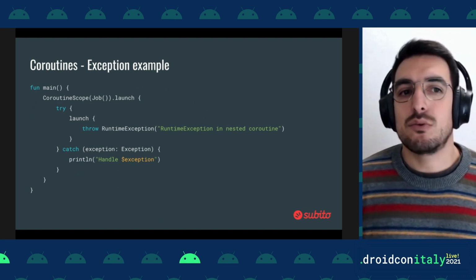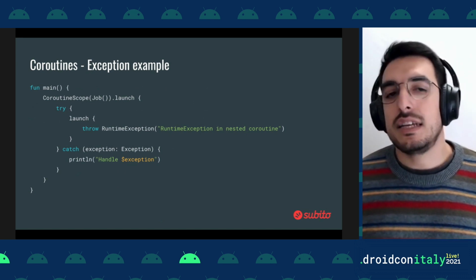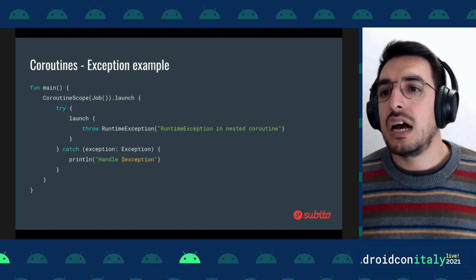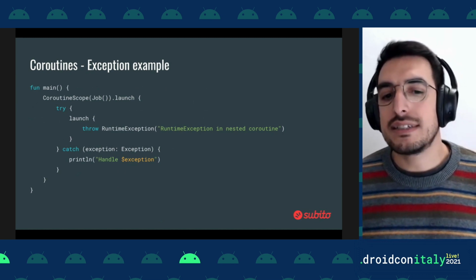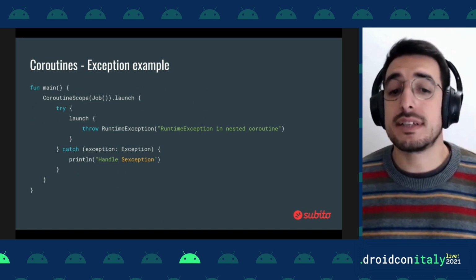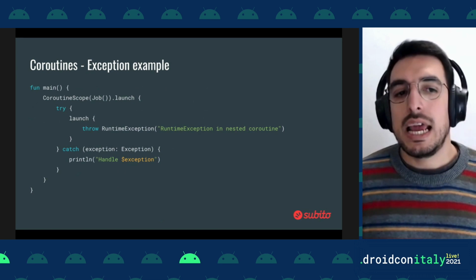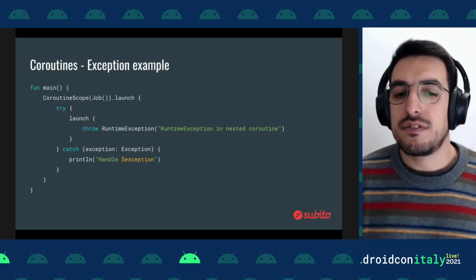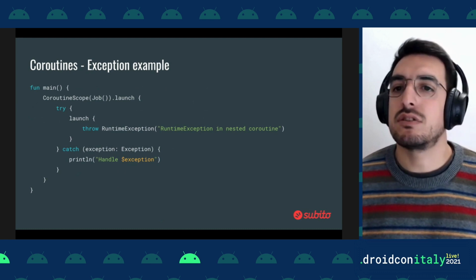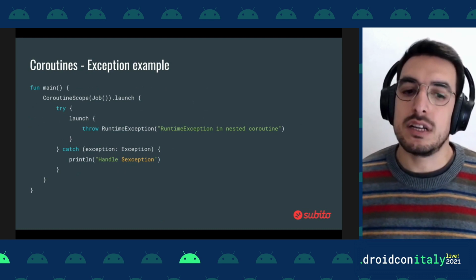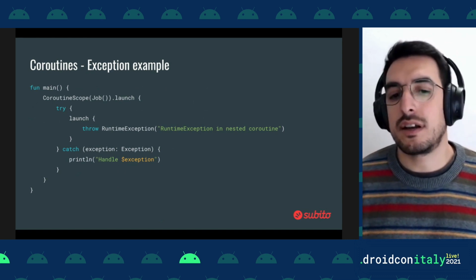But in reality, what is happening here is that the inner launched coroutine doesn't catch the runtime exception itself. So it fails, and we say that it completes exceptionally. It causes a job cancellation. Unlike standard programming, the exception is not rethrown, but the job cancellation is propagated through the job hierarchy.